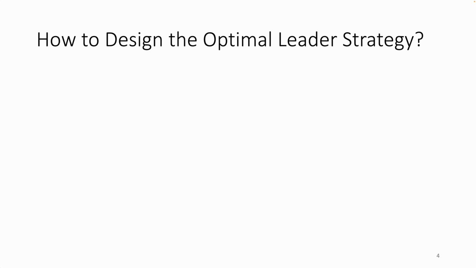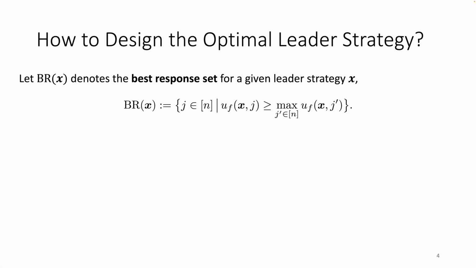Then a natural question to ask is how to design the optimal leader strategy. The typical way is to assume that the follower is best responding, where here we can use the notation BR(X) to denote the best response set.